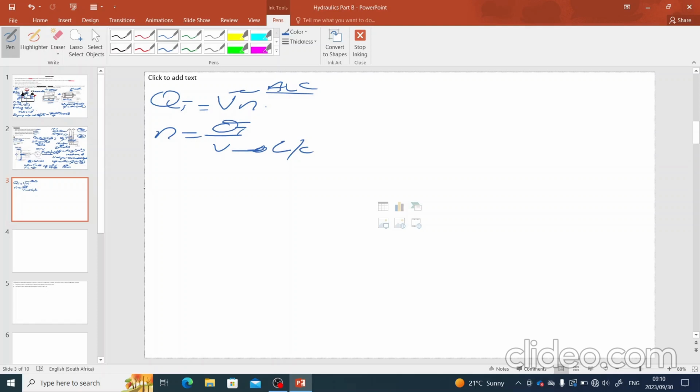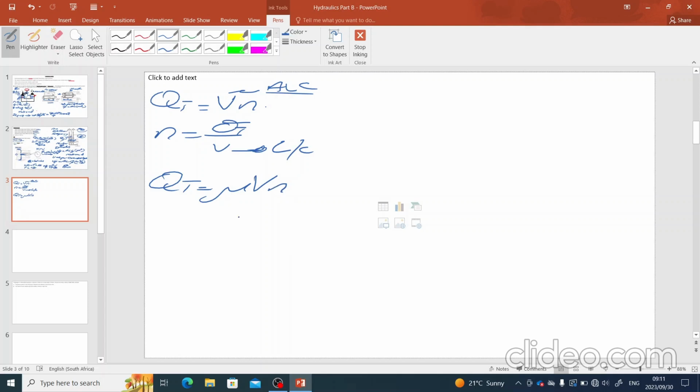Another formula that you need to take into consideration is the efficiency. We know that no pump is 100% efficient due to energy loss during operation. You might be given the efficiency and they would want you to calculate the theoretical volume. In calculating the theoretical volume, it will be the efficiency multiplied by V, multiplied by N, the rotational frequency.